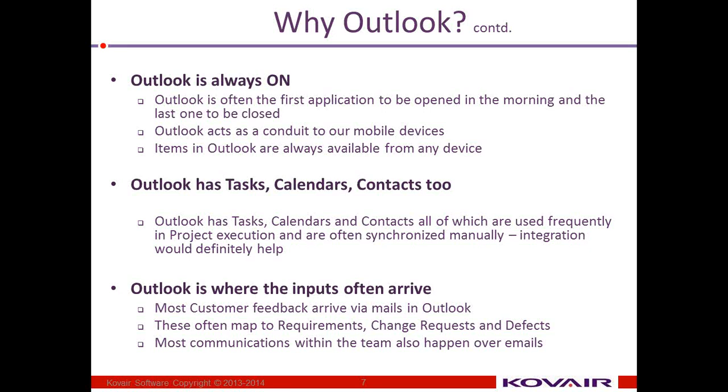Say, for example, I need to open up my MS Project and add the task over there, or I need to open up the user list from Quality Center and add the new tester who joined the team, things like that. But what if we could do all this from Outlook itself? Just on a click of a button, if I could push a task to a user, or if I could import some contacts, that would be of great help.